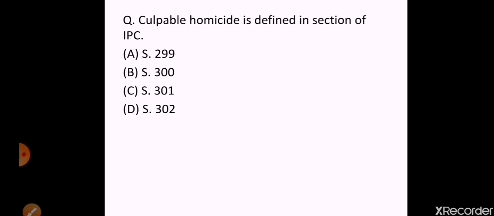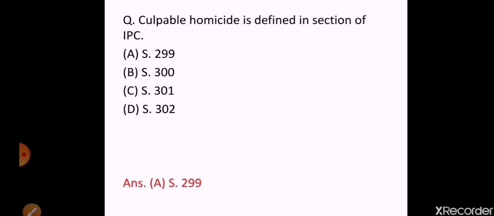So I will give the options: A is section 299, B is section 300, C is section 301, D is section 302. The correct answer is option A, that is section 299.